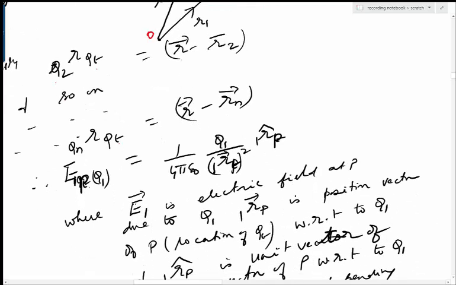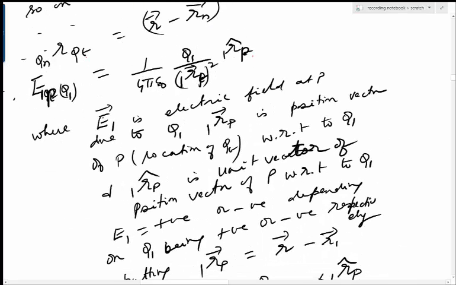Now, E1 at P, due to the first charge Q1, what is the electric field at P? It will be 1 by 4 pi epsilon naught into Q1 by the modulus of R of P with respect to 1, the whole square, into the unit vector of R of P with respect to 1, where E1 is the electric field at P due to Q1 alone.